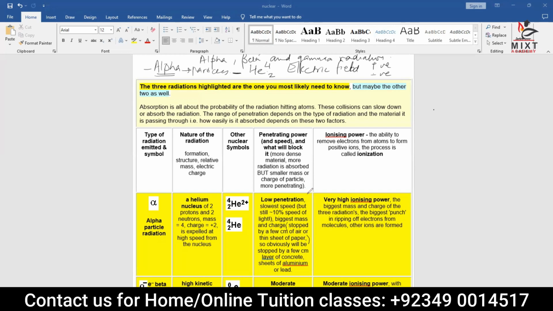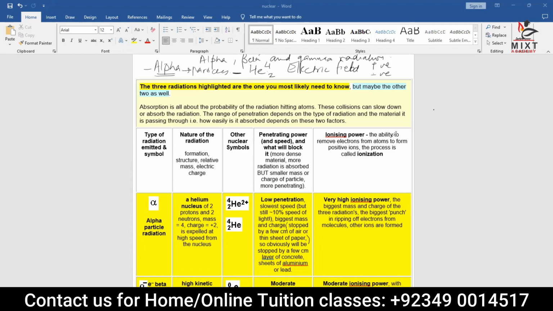So you can say that alpha particles have the biggest punch in ripping off electrons from molecules to convert them in ions.